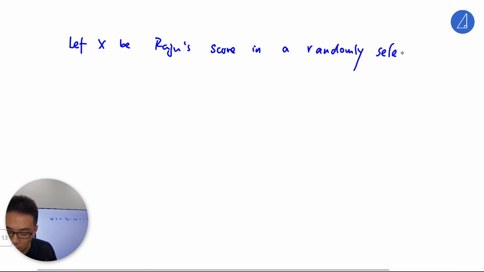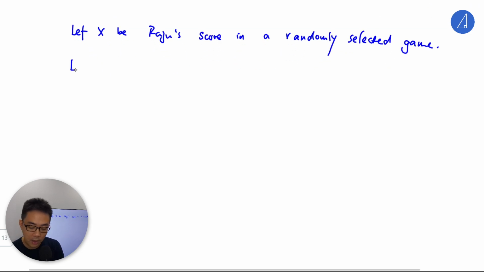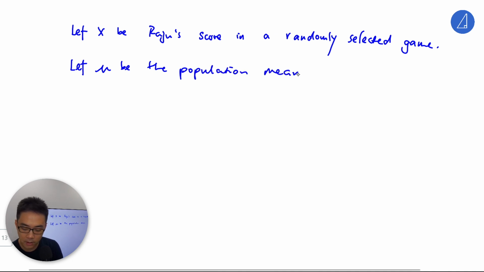Because this career score is normally distributed in the population. Then for this second sentence, you write: let mu be the population mean. Some schools will write this, some schools will not. I think most schools will write this.